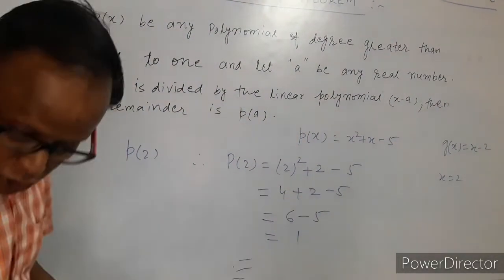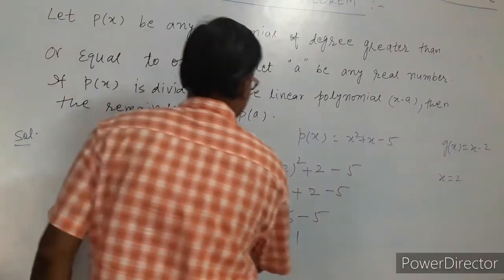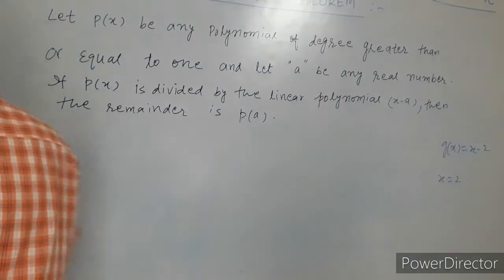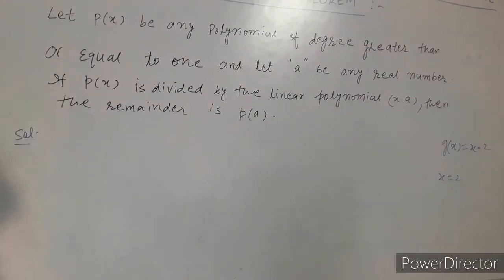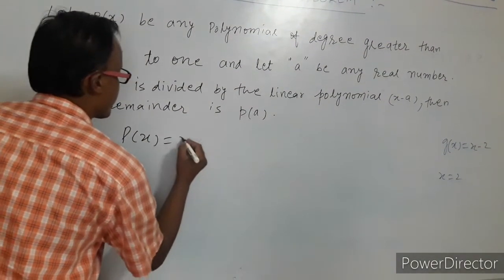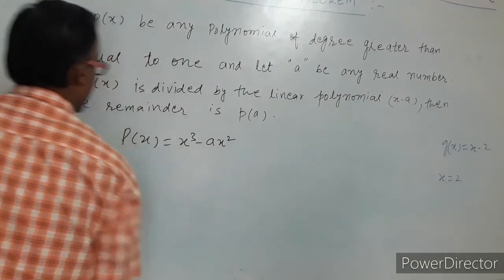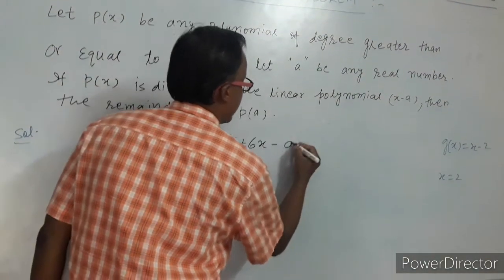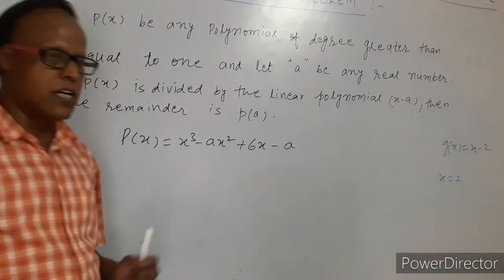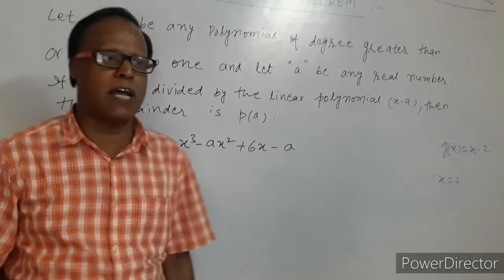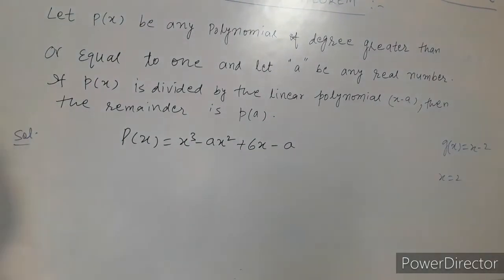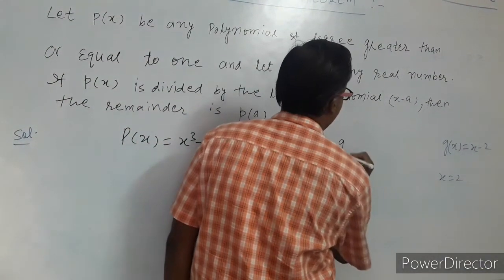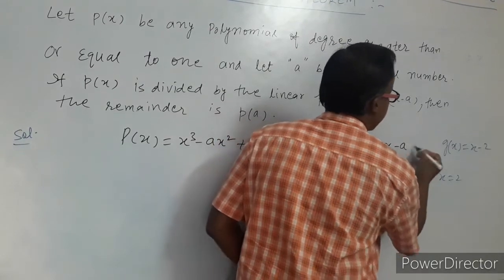If Px is equal to x cube minus ax square plus 6x minus a is divided by x minus a, it means Gx is x minus a now.